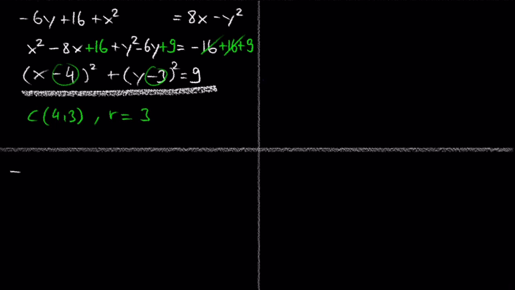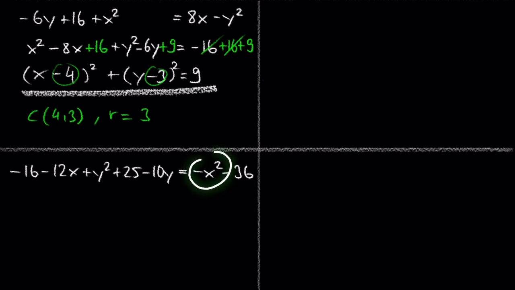Let's look at negative 16 minus 12x plus y squared plus 25 minus 10y equals negative x squared minus 36.